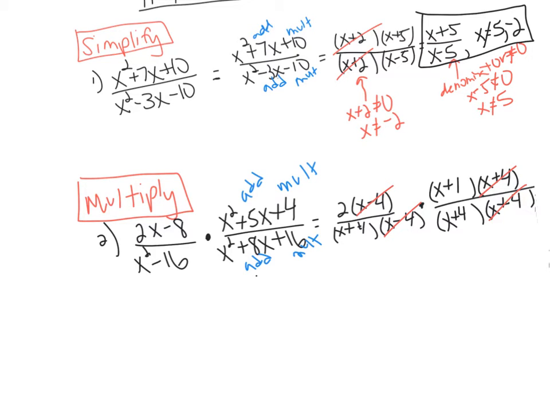So let's put what we have remaining. Notice here I have a 2 on the top. I also have x plus 1, because remember, how do we multiply fractions? Top times top, bottom times bottom. So I can multiply everything on the top, and all that's remaining is 2 times (x plus 1). Let's look at the denominator. What do I have left in the denominator? I have x plus 4 and x plus 4.